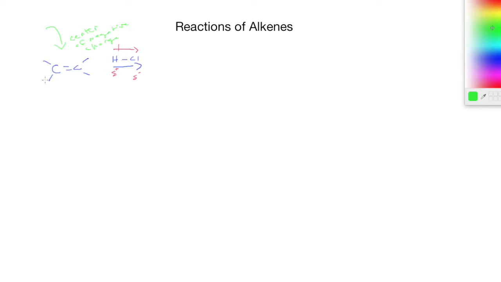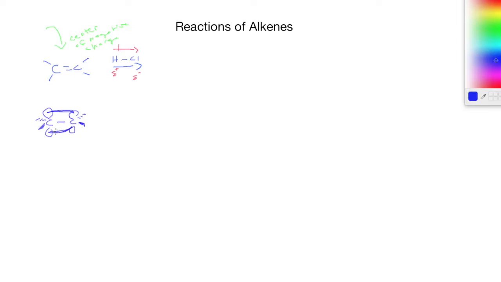And the reason why this has a center of negative charge is because if you look at a sort of molecular orbital picture of this, we have our pi bond that, remember, is above and below the plane, like so. And we have this bond that's in here.